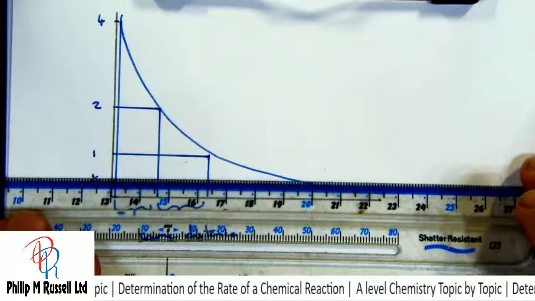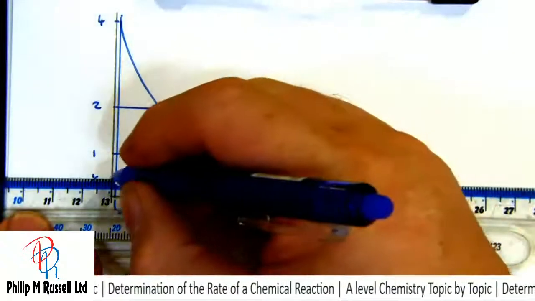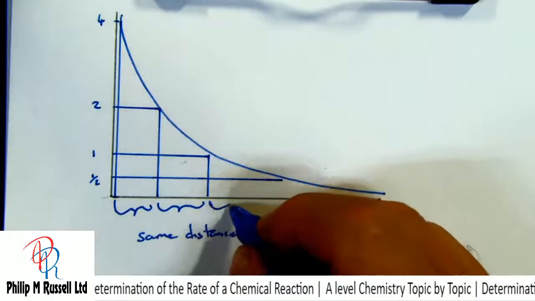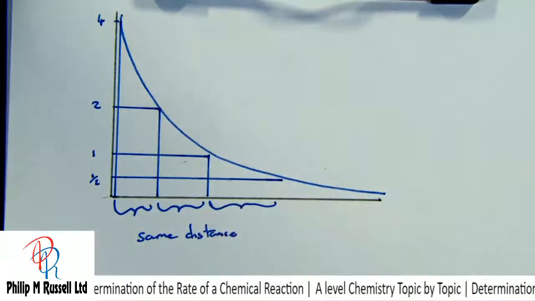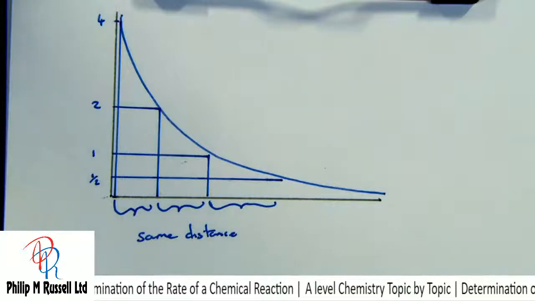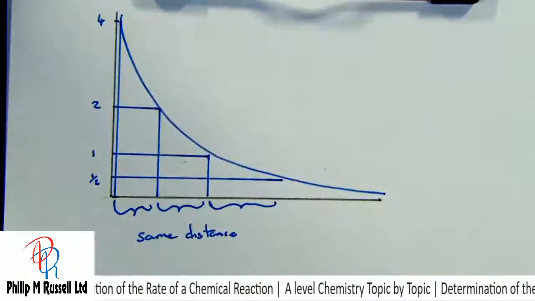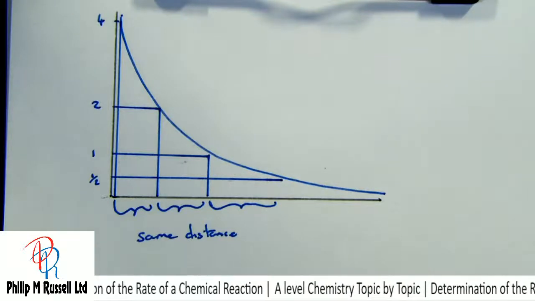And if I were to try a half, you can see that it obviously isn't in this case, but they should be the same distance, and that's because I've drawn that by eye rather than doing a proper half-life curve.